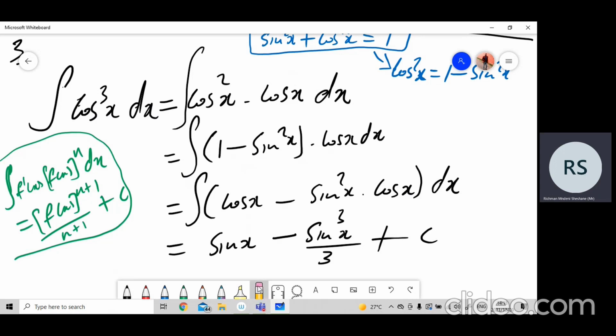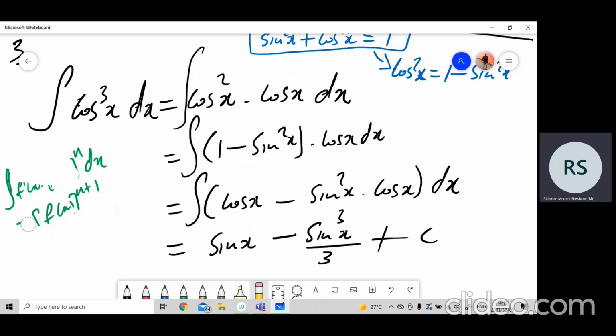We use this formula. So basically this was the integral of cos to the power of 3. That's how you do it when you have cos to the power of 3.